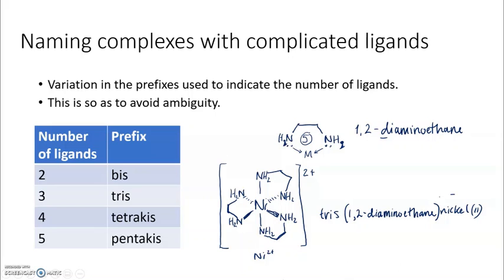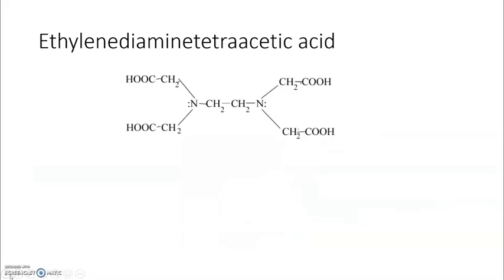Right. Now, to finish up with the most complex example that you will be expected to know about, that is a ligand derived from this lovely molecule here, which is known as ethylenediaminetetraacetic acid. Now this is abbreviated to EDTA, and because it's such a mouthful, we pretty much only ever use the abbreviation EDTA.